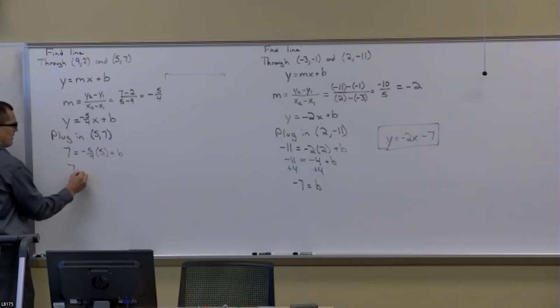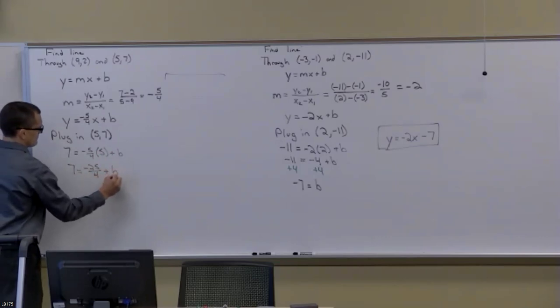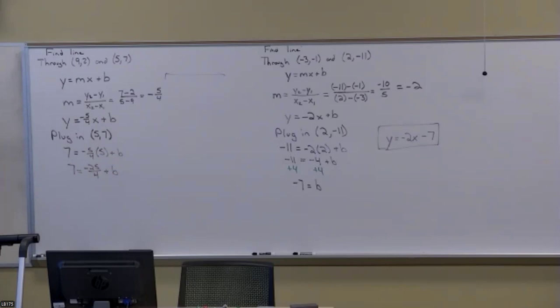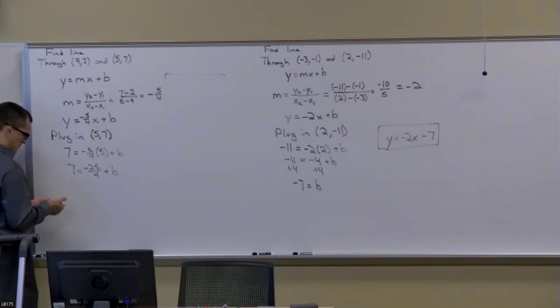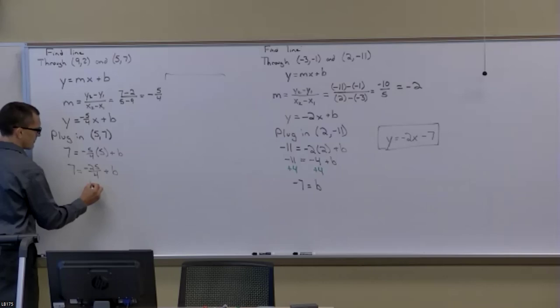And then depending on whether you use decimals or fractions, we are going to end up with 7 is equal to negative 25/4, or negative 6.25. Add that number to both sides.